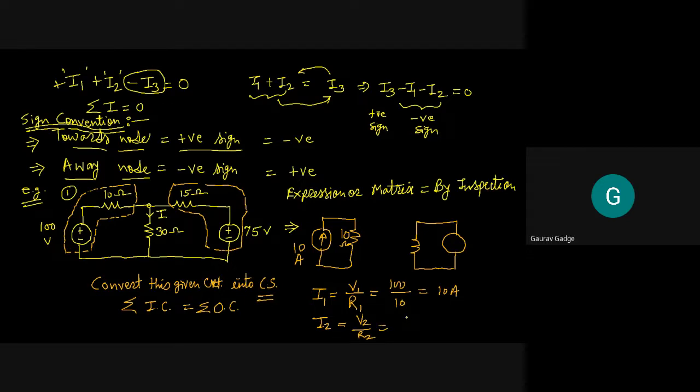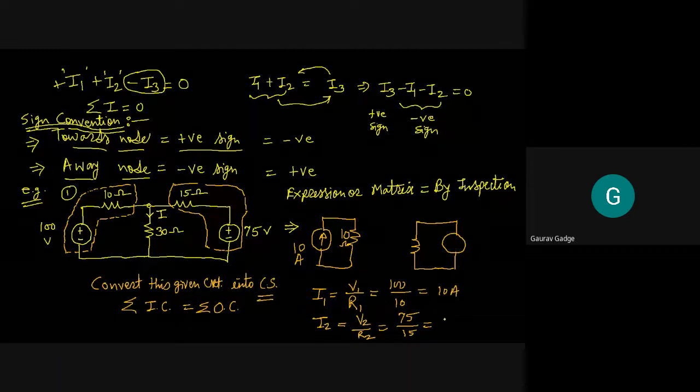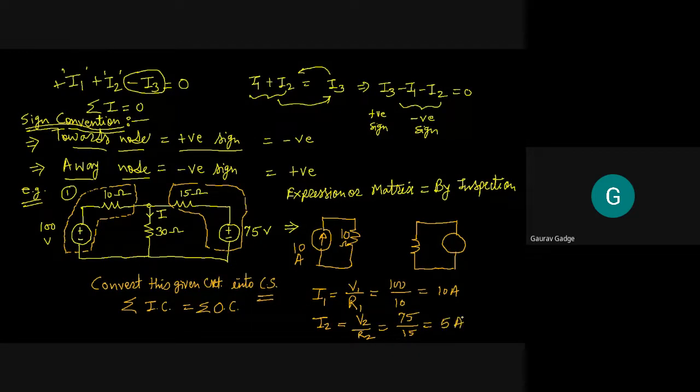Now what is V2? V2 is 75. R2 is 15. So what can you write? 75 upon 15. How much is the value? 15 4s are 60. 15 5s are 75. So it is 5 ampere. So the value of that second current source is 5 ampere.